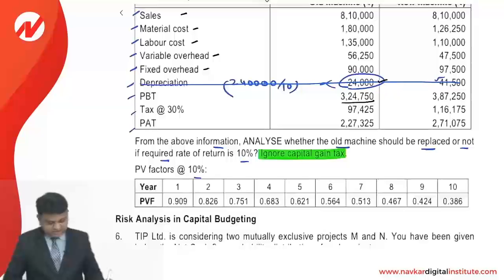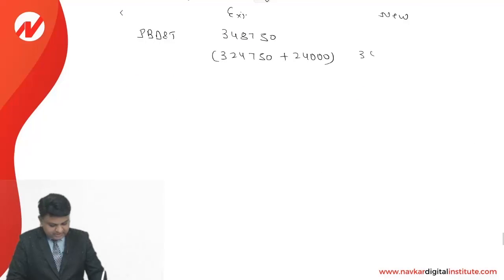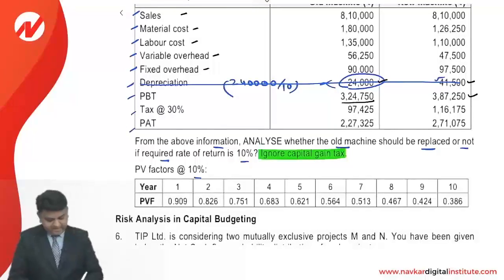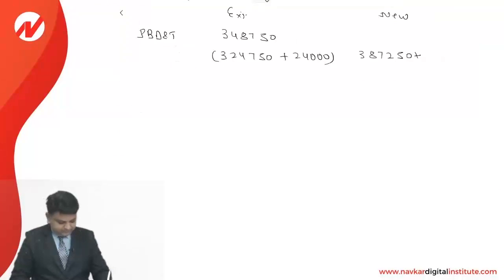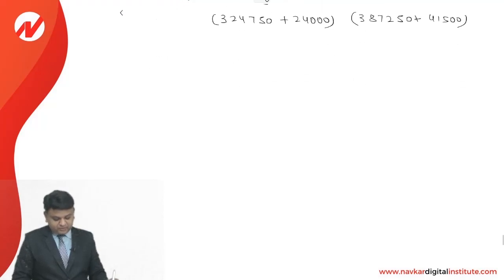For the new machinery, it is 387,250 plus 41,500. That comes to 428,750. So with the new machinery, of course, the profit is more.